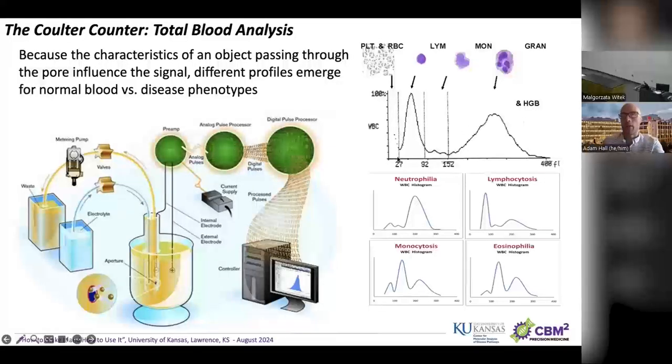This is just a histogram of the sizes of those spikes that I was just talking about, showing how they shape out when you push a whole range of different white blood cells through there. What is currently used is, by looking at the shape of these profiles, you can actually diagnose a lot of different immune disorders, and four of those are shown down here at the bottom.